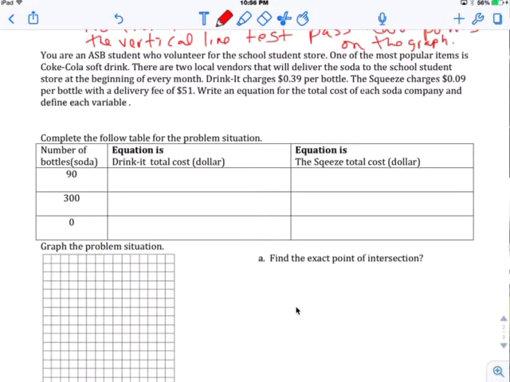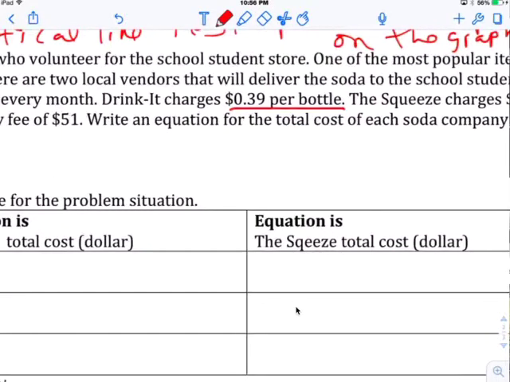ASB, you are an ASB student who volunteered for the school student store. One of the most popular items is Coca-Cola soft drink. There are 2 local vendors that will deliver soda to the school student store at the beginning of each month. Each charges this much per bottle. Per means times.